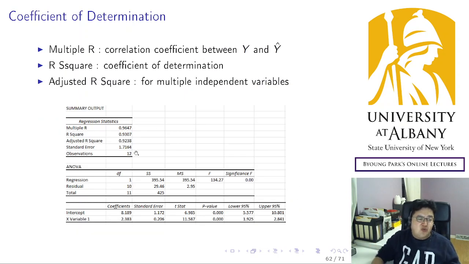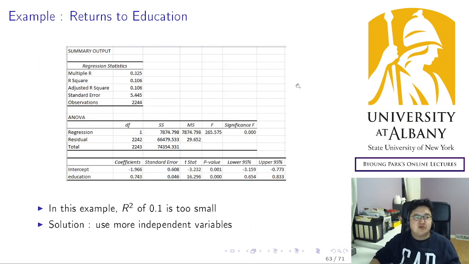So anyhow, we just learned what these three sums of squares mean, and how we use them to calculate correlation coefficient and R squares. And adjusted R square is for a more complicated model, which we'll skip.